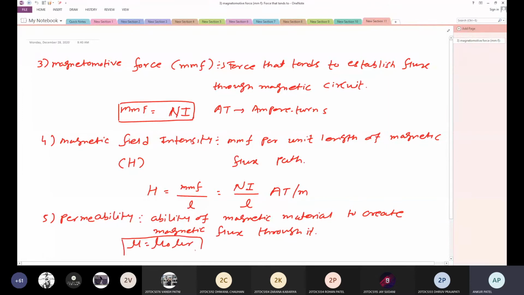So it is the product of permeability of vacuum or air and permeability of magnetic material.